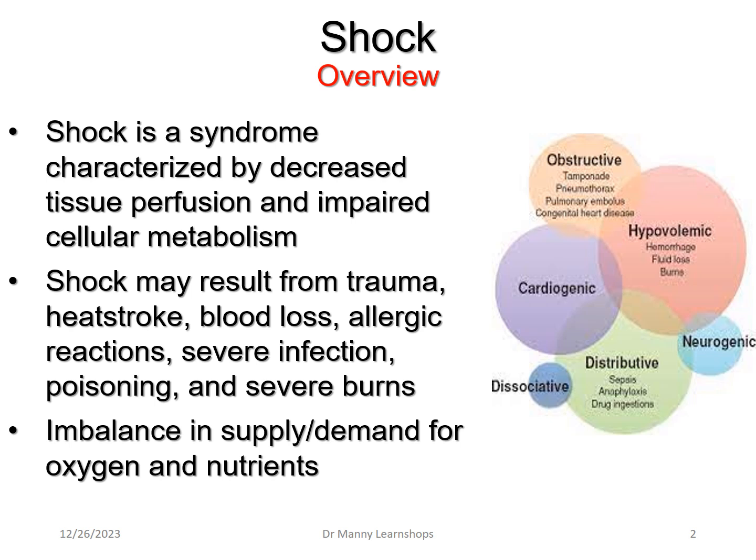It can result from trauma, too much heat, blood loss, allergic reactions, severe infections, poisoning, and severe burns. But essentially, there's an imbalance in the supply and demand for oxygen and nutrients to the body, to the cells.